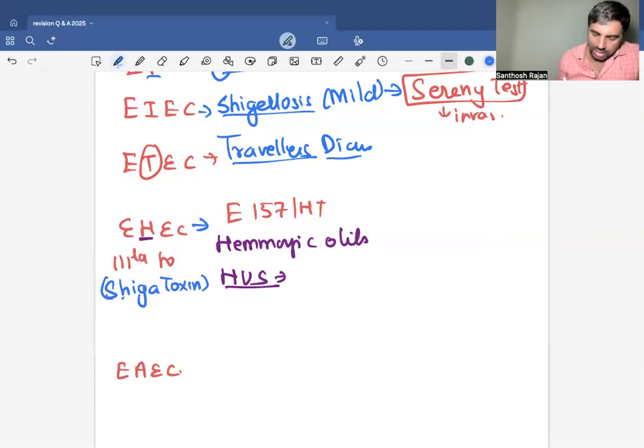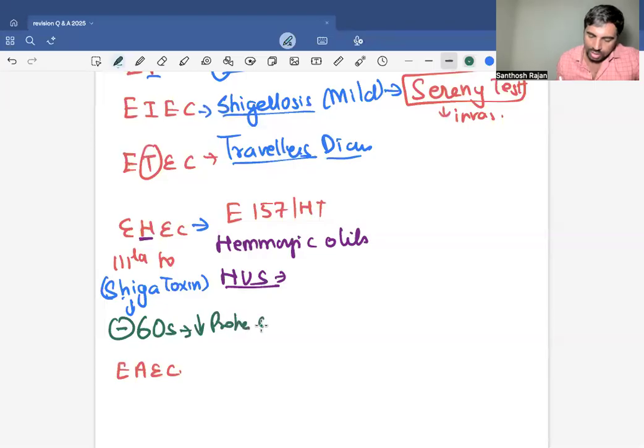It acts through the 60S subunit, which is the main thing, and decreases protein synthesis. Then it causes the diarrhea. That's the main pathogenic mechanism.